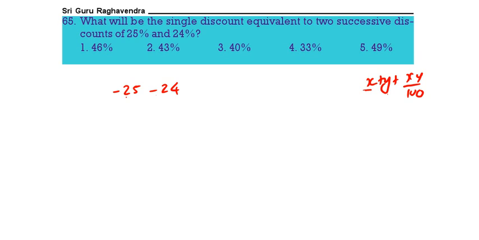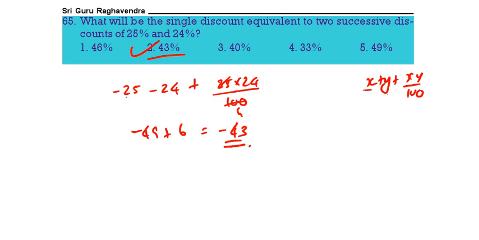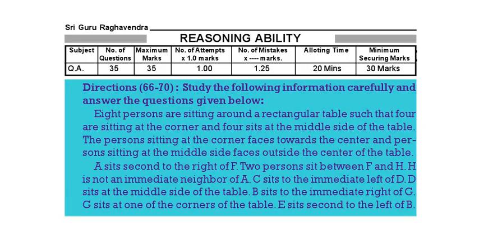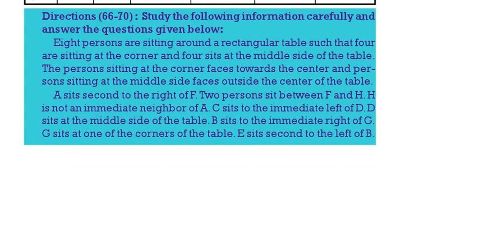This is also the minus symbol. Then plus minus 25 minus 24. Product is how much? 25 into 24 by 100. This is minus 49. This is 6. So minus 43. Minus 43 means 43% discount. 43% discount. Now we will see the reasoning ability.